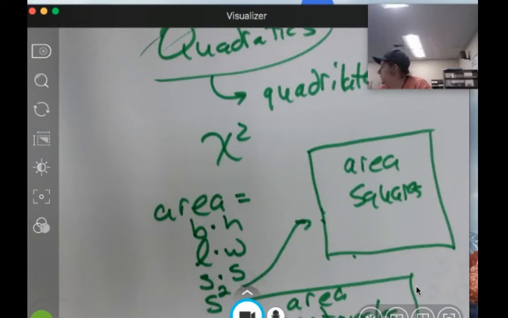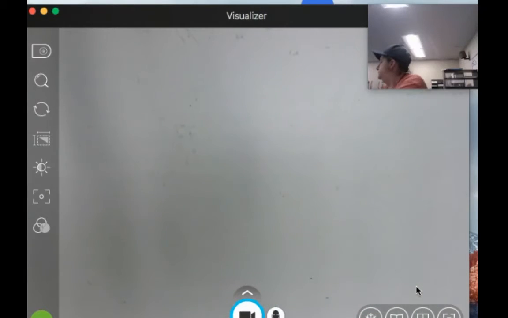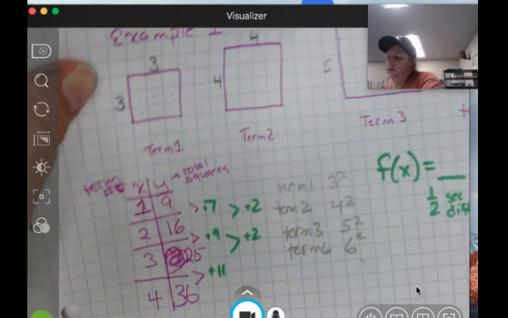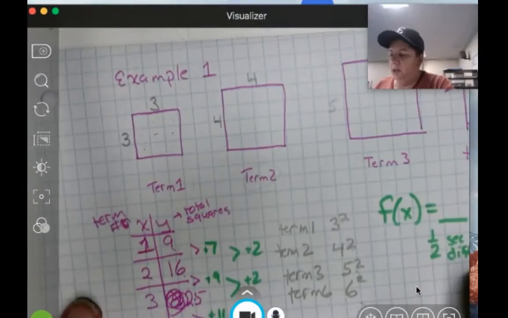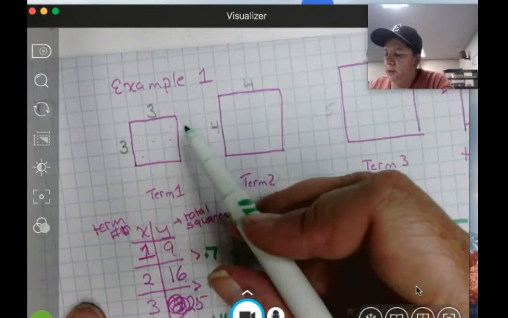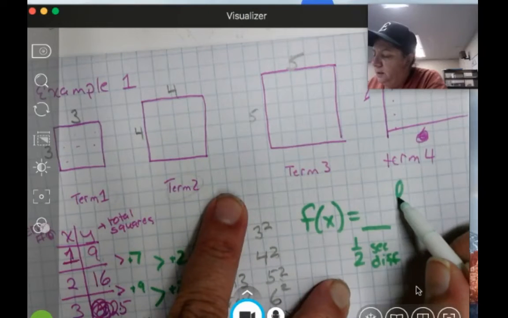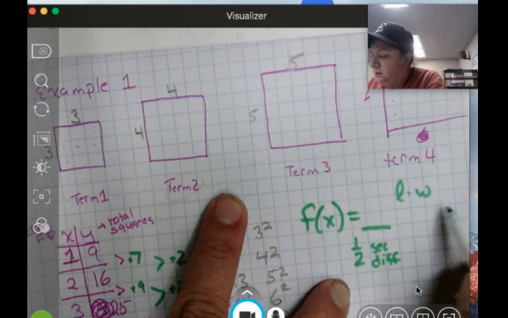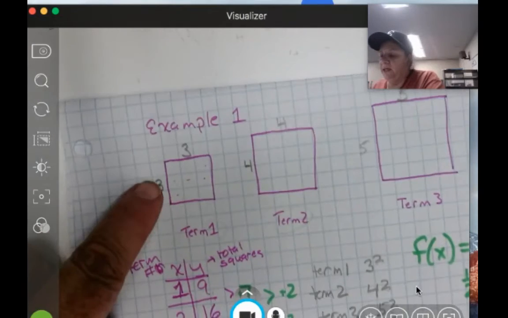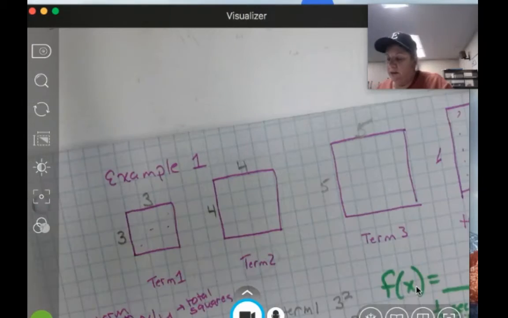And then let's go back to our problem. Am I on the right one? Yes. So we're here and we want to base this on the squares. So what that means is if I want to have this be length times width or base times height or side times side, I need to get an equation for the sides.